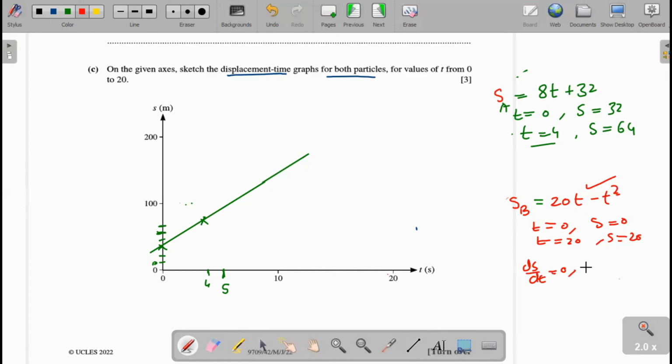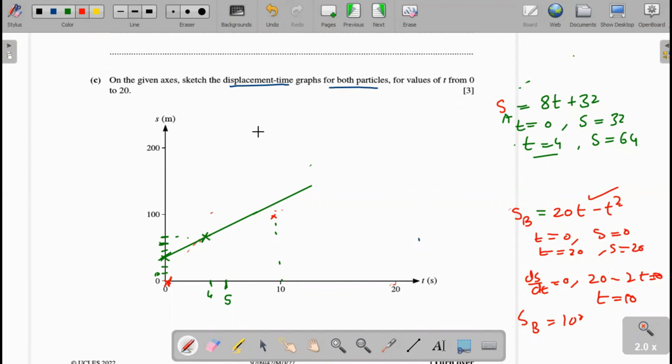We get 20 minus 2t equal to 0, we get t will be equal to 10. At this position, the distance will be 20 times 10, 200 minus 100, that is 100. Now we mark the point 100 here.